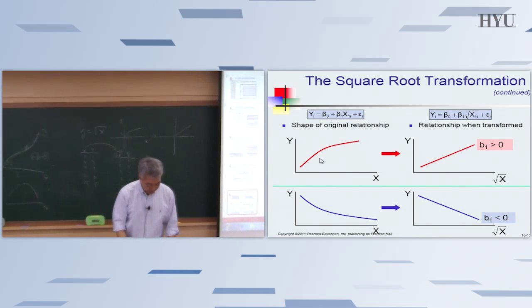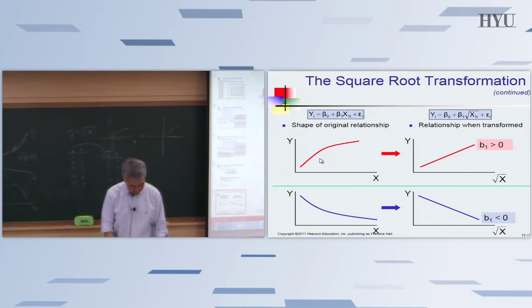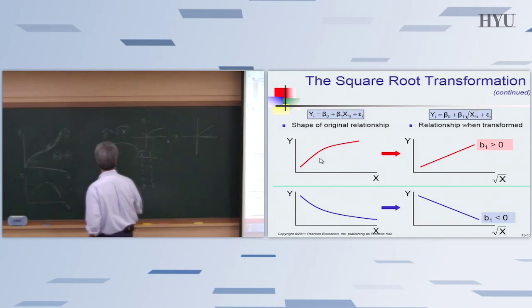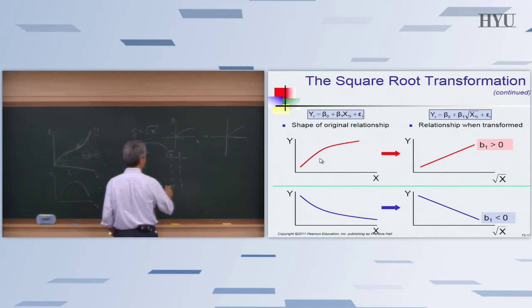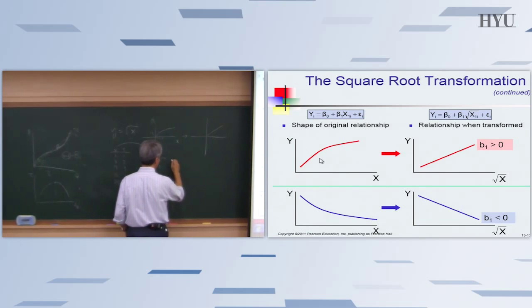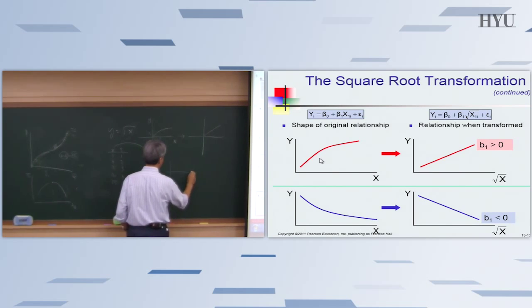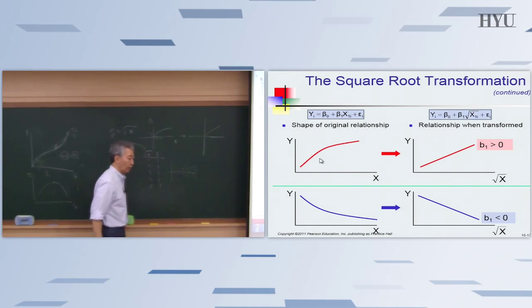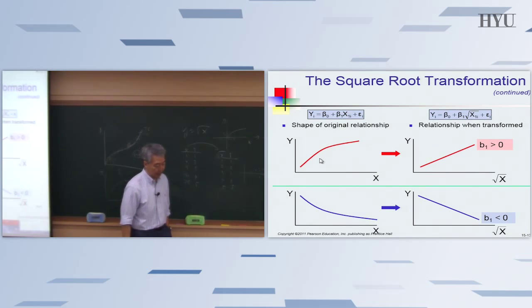All right. So, what if you do this? Then what happens is the original residual plot looked this way, right?